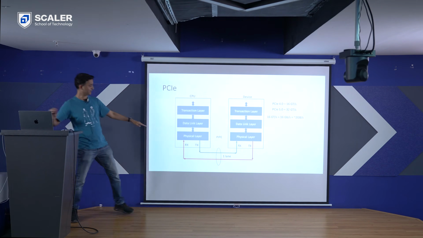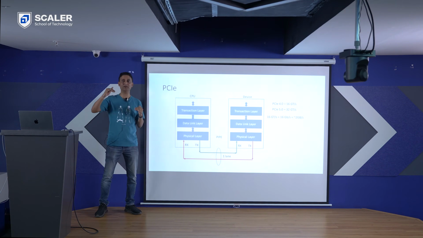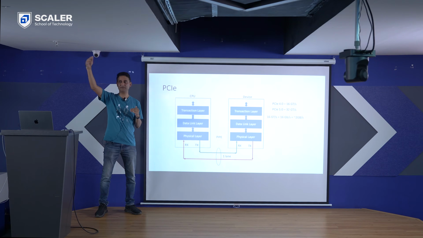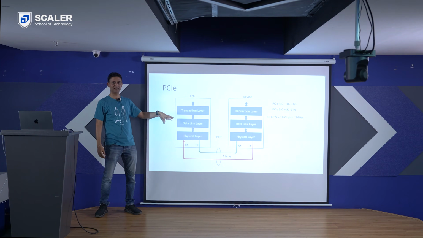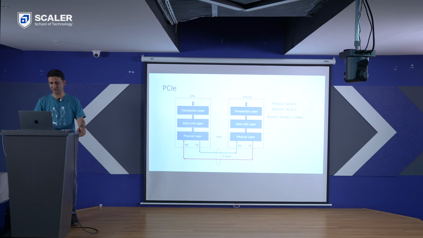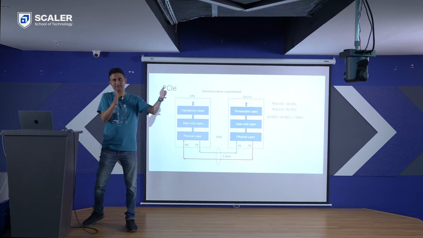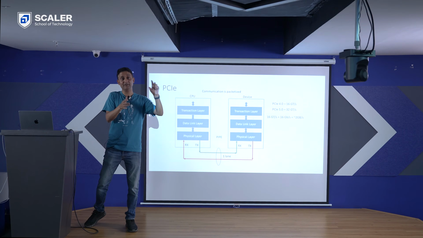We have these additional layers which are not too different from your network stack. At some point you will learn more about that. Just remember that you've seen a diagram something similar to it. These patterns are very common and reusable. All of this communication is packetized, meaning information goes in fixed units, which is why your chipset can deal with oversubscription.